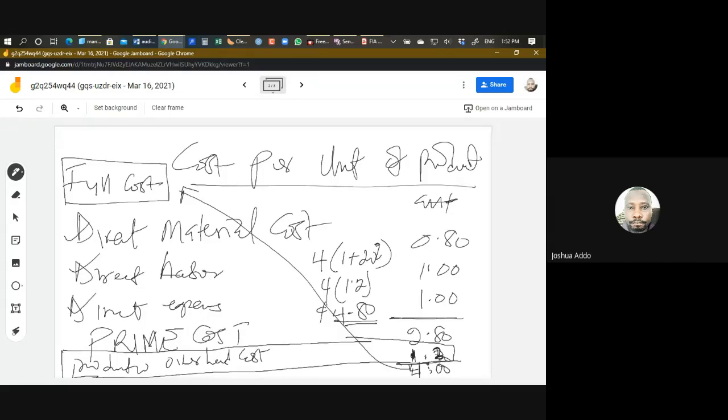You have to understand this framework, because once we're able to finish today's work of knowing how to calculate production overhead cost per unit, one of the requirements that you're supposed to meet is to be able to compute cost for 1 unit of a product, given the information to do that.